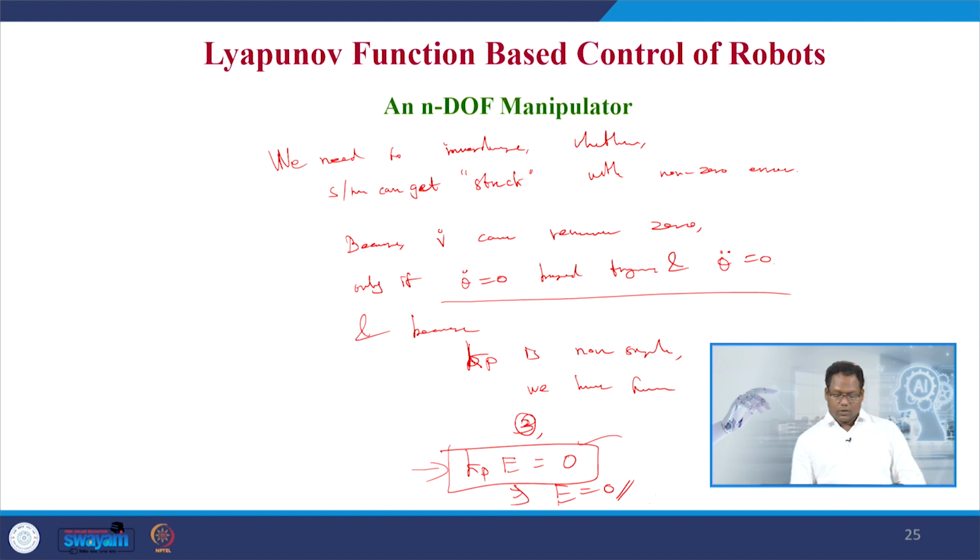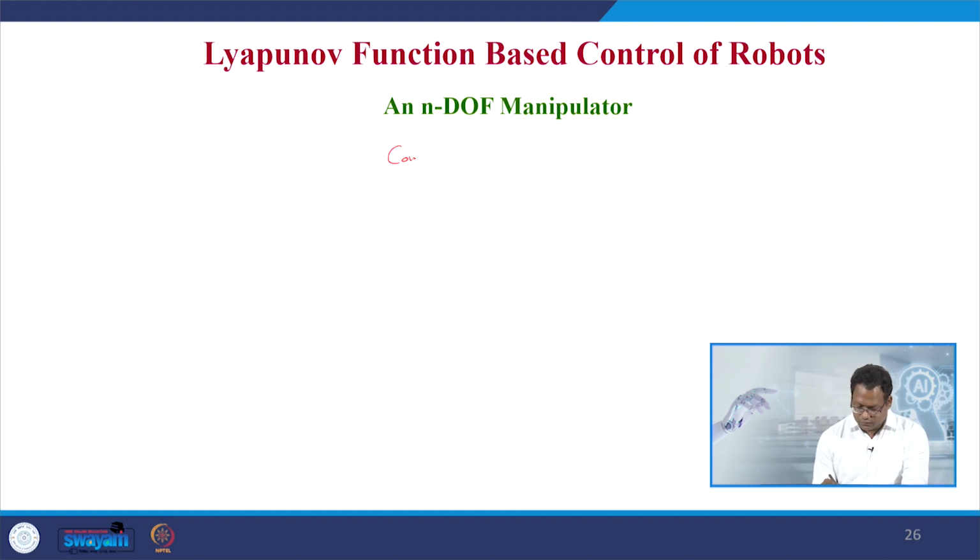Coming to the conclusion, in this lecture we have seen Lyapunov stability theory with its methods, indirect and direct approach, and examples associated with that.